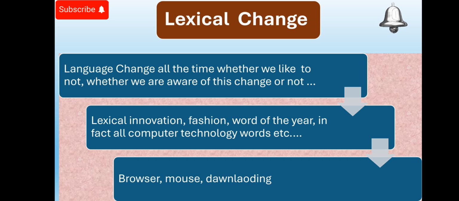But now, mouse also refers to a pointing or clicking device that is attached to your laptop or computer. So see that the meaning of mouse that we are now using, a clicking or pointing device, did not exist in the past. So this is also an example of lexical change.